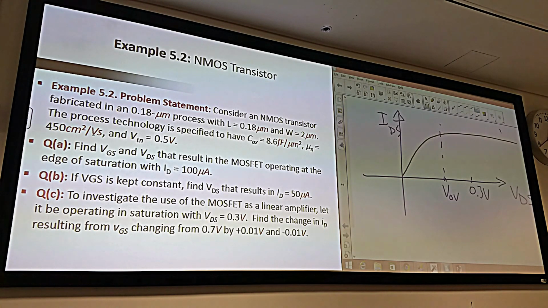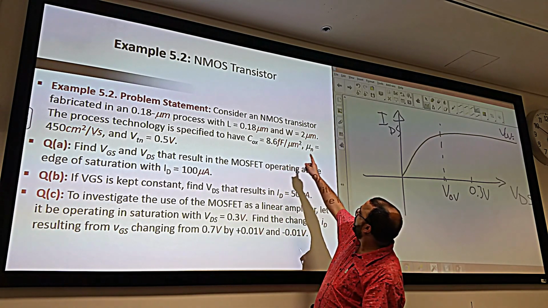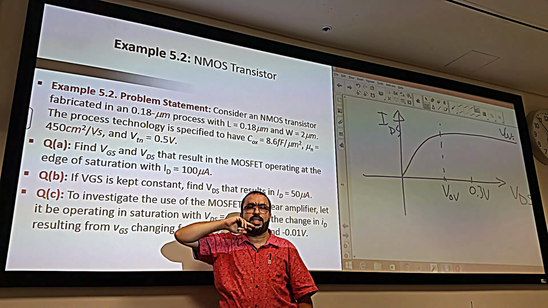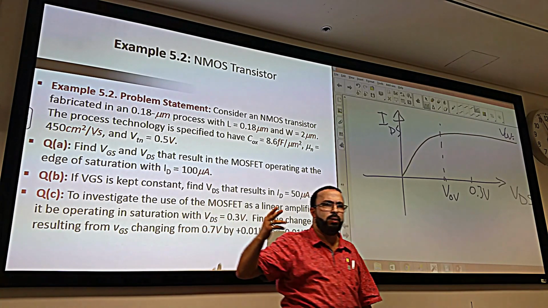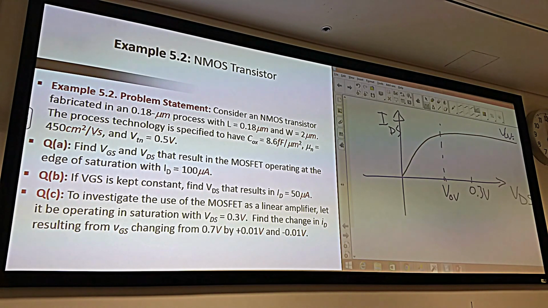Because each curve is for a given overdrive. This is the overdrive of how much? This is the overdrive that corresponds to 0.7 minus VT. What is VT? Here. So that overdrive is equal to 0.2. Very good. So we are starting from the overdrive equal to 0.2 volt.